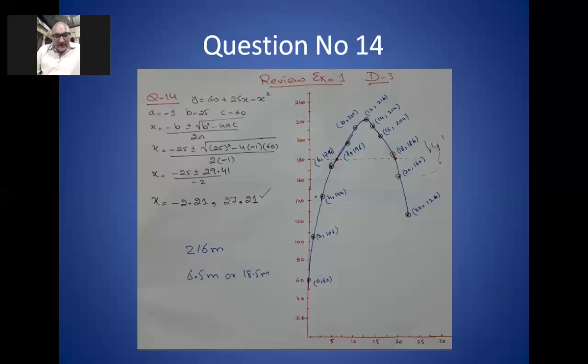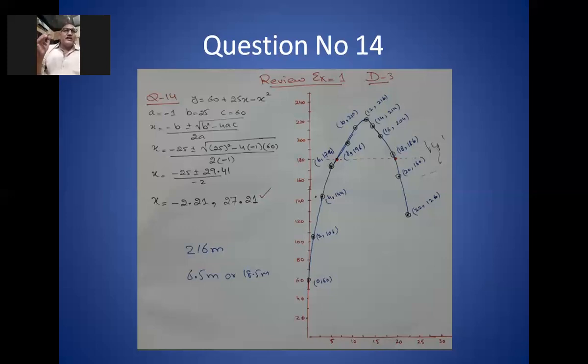B part: the table shows values of x and the corresponding values of y. So in the question, they have shown us a table with different values of x, and whatever the value of y is on that x, they are all given.